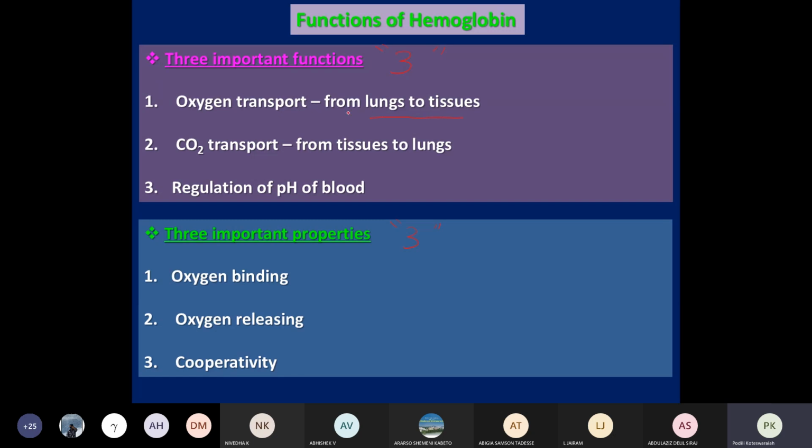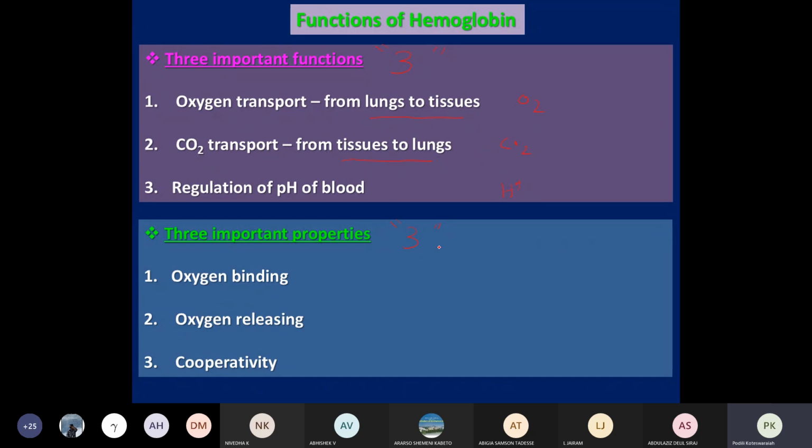The second one is it also transports carbon dioxide from tissues to lungs. And the third one, it is also involved in the regulation of pH of the blood. So these are the three important functions. That means O2 transport, carbon dioxide transport, and regulation of the pH of the blood. These are the three important functions of the hemoglobin.